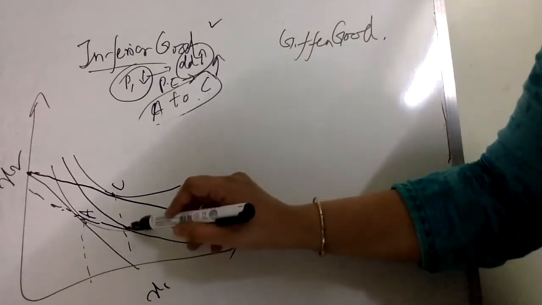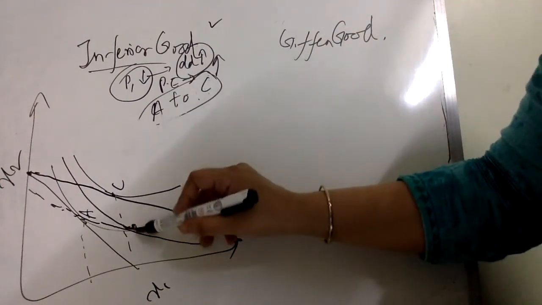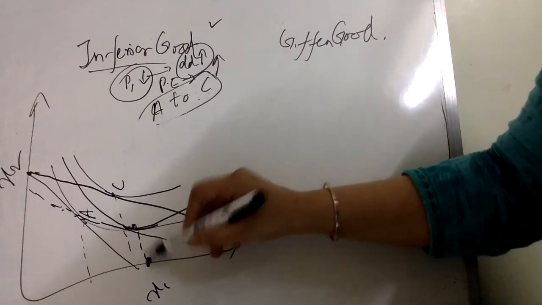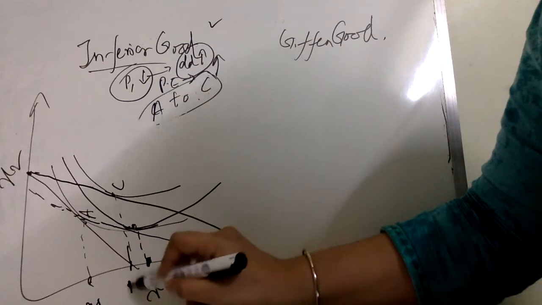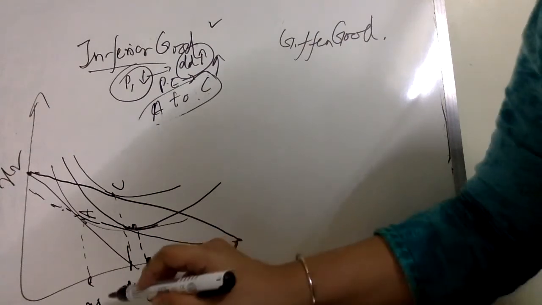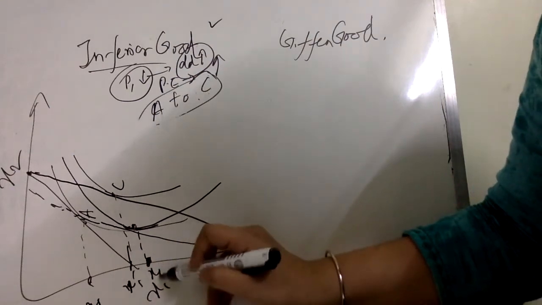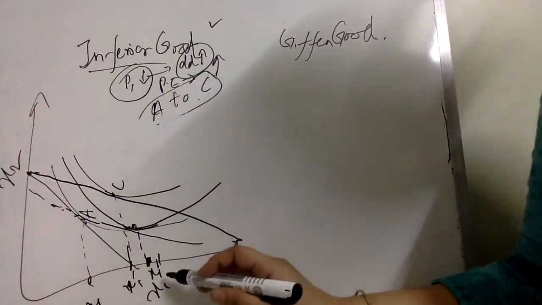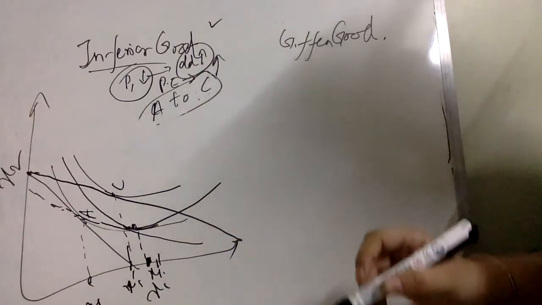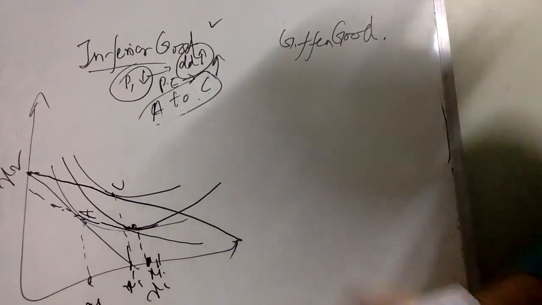So suppose I increase my demand to this level initially. Okay, say this is x1, this is say x1 dash, x1 double dash. So initially my demand increased because of substitution effect from x1 to x1 double prime. Okay. So in that sense, substitution effect is positive.